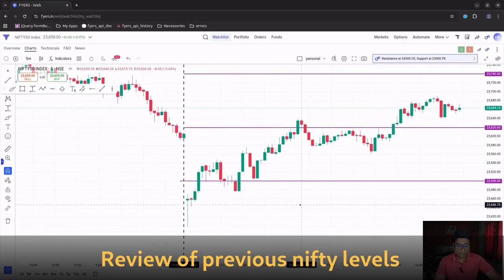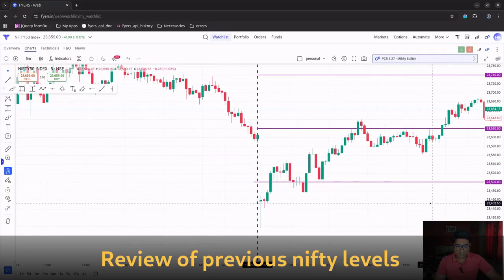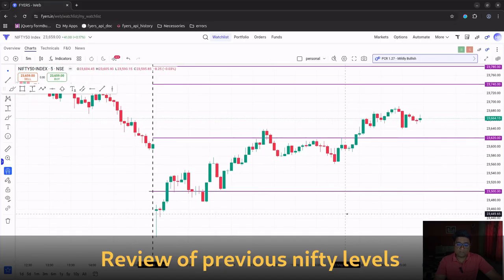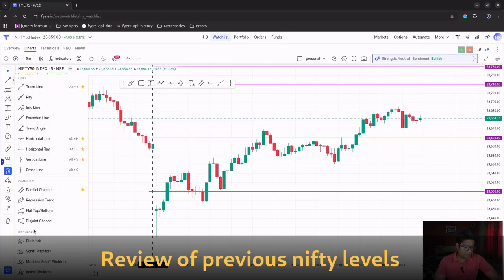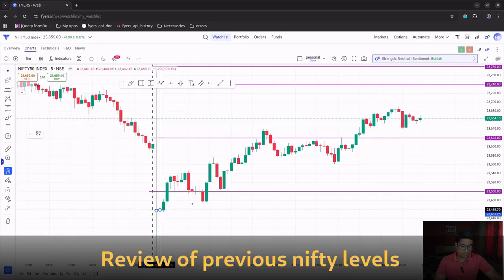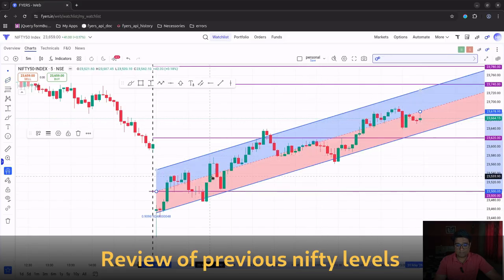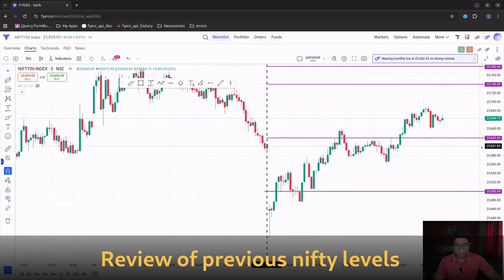So gap down and the market trended upward. If you plot the regression line here, you can just see the trend. The market trended upwards for the whole session.